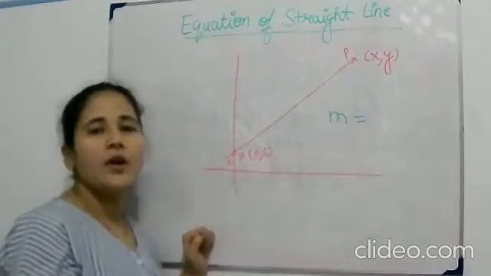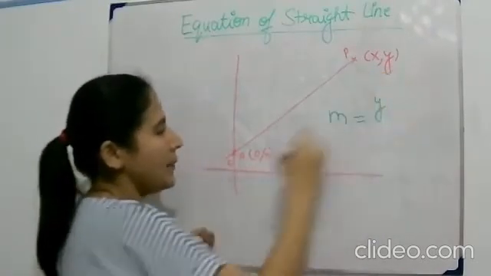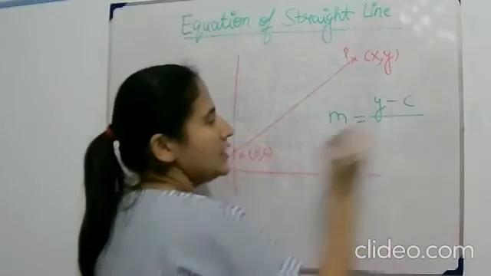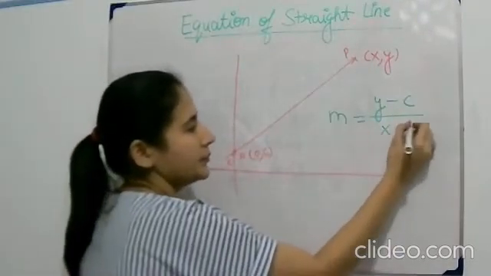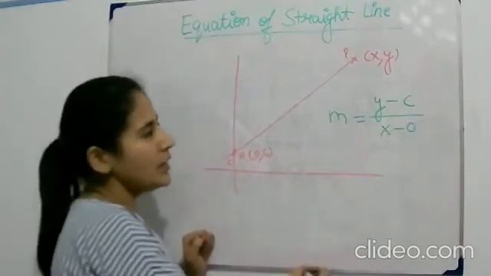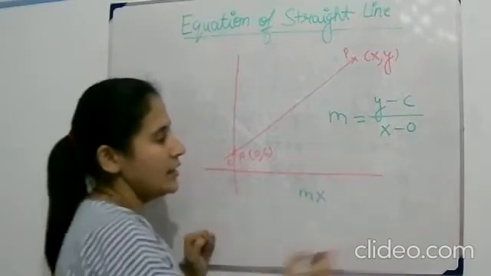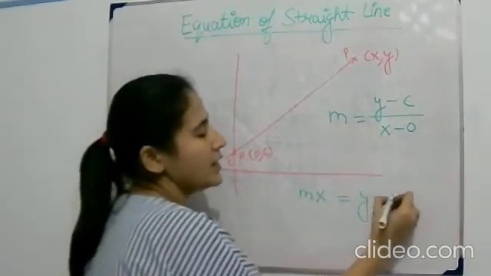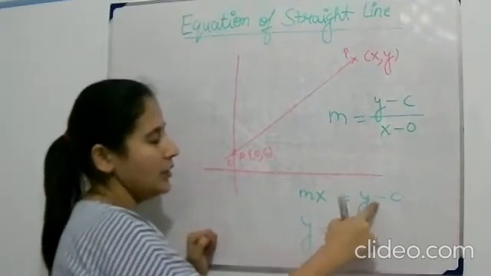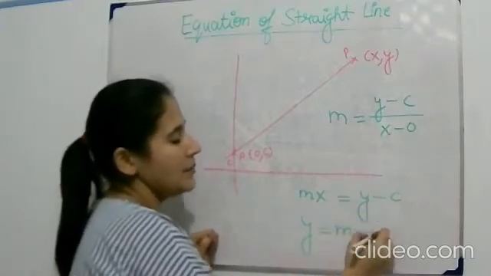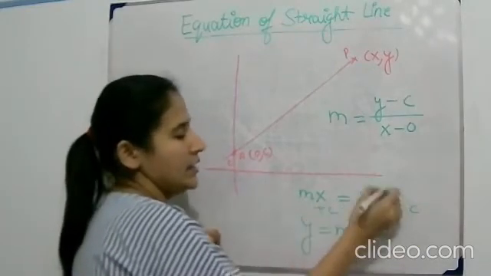What is the formula for gradient? y2 minus y1, so it will be y minus c, divided by x2 minus x1, x minus 0. Cross multiply, so it will be mx equal to y minus c. Now we add c to both sides.